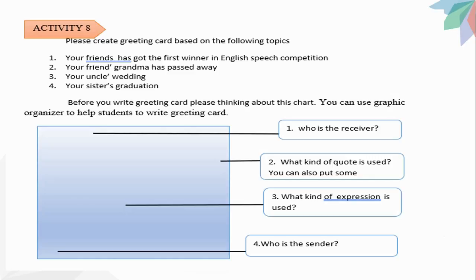To help the students create a greeting card, we could use a graphic organizer. By implementing media such as a graphic organizer, it could help students create a good greeting card. I think that's all on how to create learning material based on higher-order thinking skills.